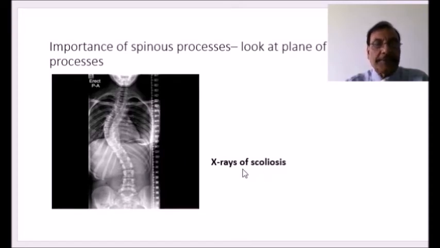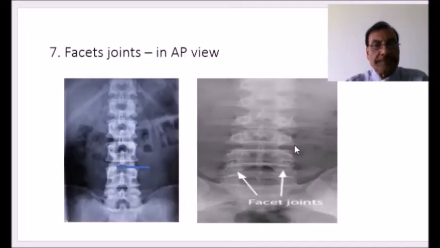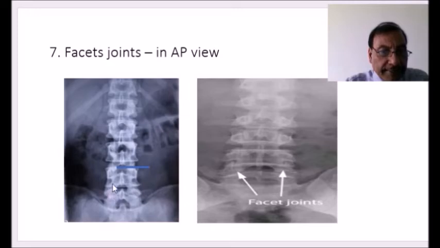And let us understand the importance of the spinous processes. You have to look at the plane of the spinous processes. They should be in one line. If they are not in one line, then it is a case of scoliosis. Now let us look at the facet joints. Facet joints can be seen between the two articular processes.